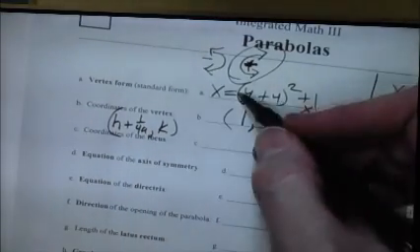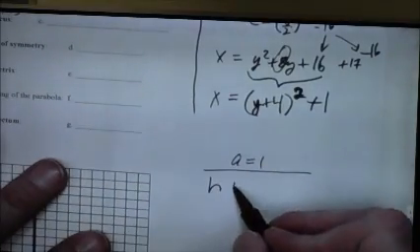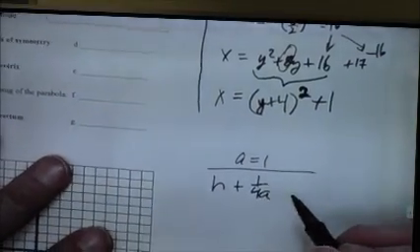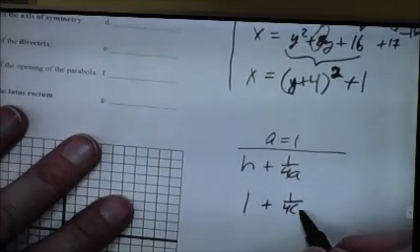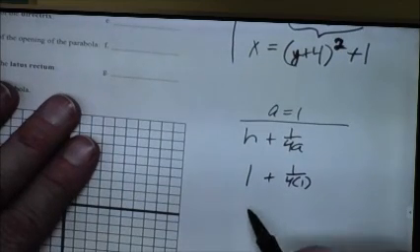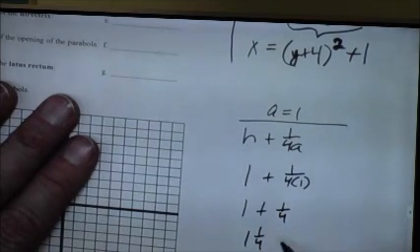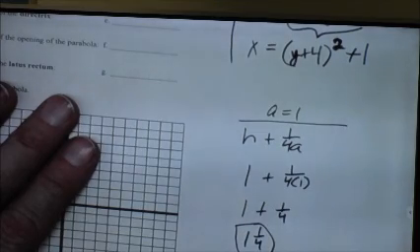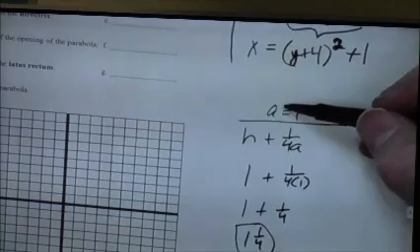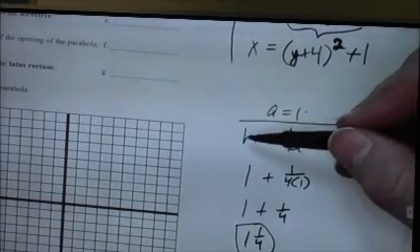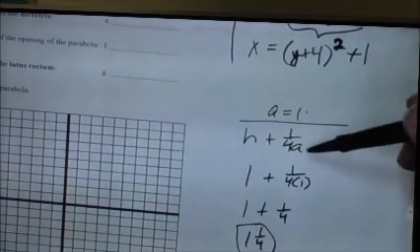So what's a? A is a 1, so I'm going to come over here. A is equal to 1. So h plus 1 over 4a. The h is 1 plus 1 over 4 times 1. 1 plus 1 over 4 is 1 1/4. So this area here, I just worked this out where a is 1, and I know that x value for the focus is h plus 1 over 4 times a.